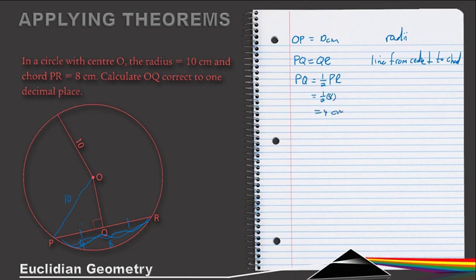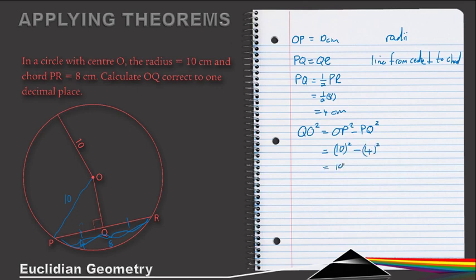And then we know that according to Pythagoras, this is the short side, so we say OQ squared, or QO squared, is equal to the long side, which is OP squared minus the other short side, which is PQ squared. And then if I substitute in my values, I have 10 squared minus 4 squared.